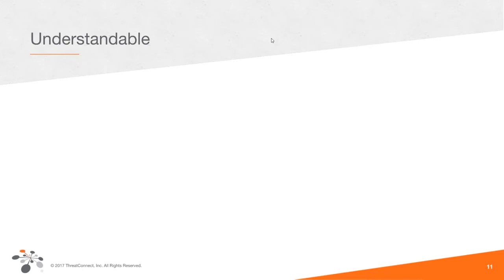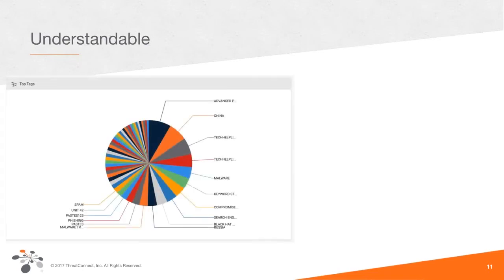So maybe I want to see what are some of the popular types of intelligence that are coming in through this feed. Well, one way might be a pie chart that shows me the top tags that are in that feed. And so looking at this, okay, I can see that, maybe, I'm guessing this is APT, is the top tag, followed by China, but a lot of this text is cut off.